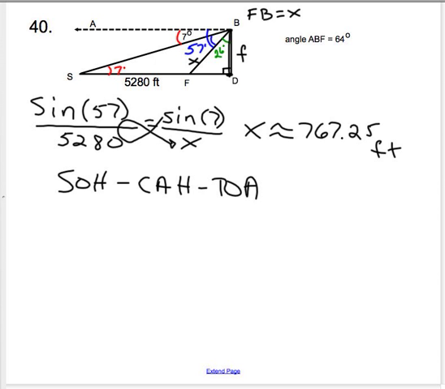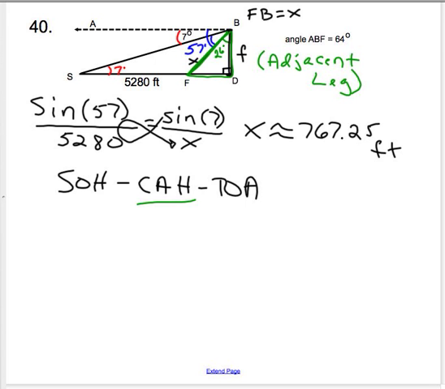What do we know? I know the green 26-degree angle. I know the x in here, which I'm putting in green, is 767.25. That's the hypotenuse of this right triangle. See the right triangle that I'm putting in green? So I know the hypotenuse, I have an angle, and that little f that I'm trying to find is my adjacent leg. So what could I set up? Which one should I use?